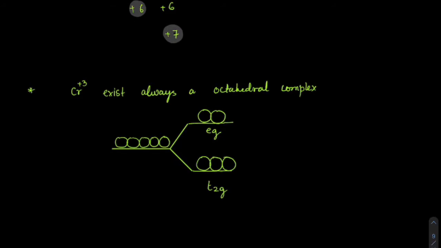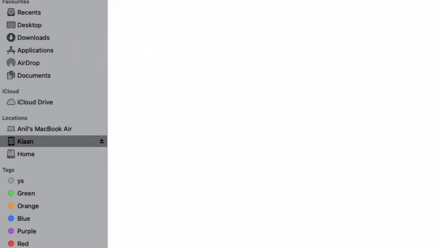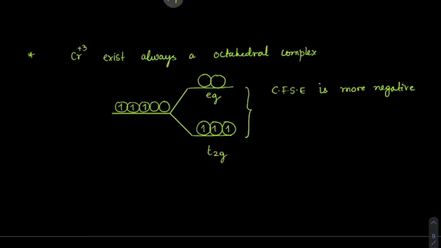Since +3 means it has 3 unpaired electrons in d, the first 3 unpaired electrons will enter only t2g. Got it? And this shows that, because 3 unpaired electrons are here, the CFSE value is more negative. If it is more negative, it means it is very stable. So what you would observe is that this will become more stable. Got it?